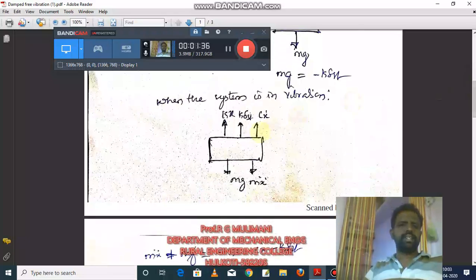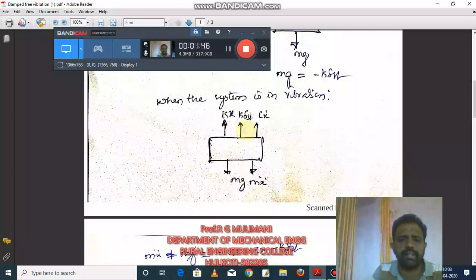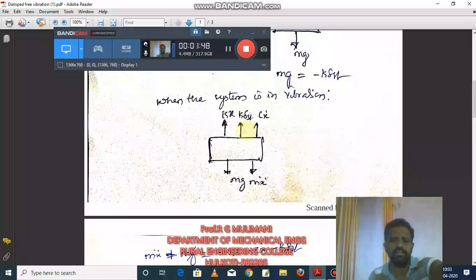When the system is in vibration, this is the free body diagram. The forces acting on the body are the gravitational force, and to resist it there is a spring force of magnitude k delta st. These are equal in magnitude but opposite in direction.